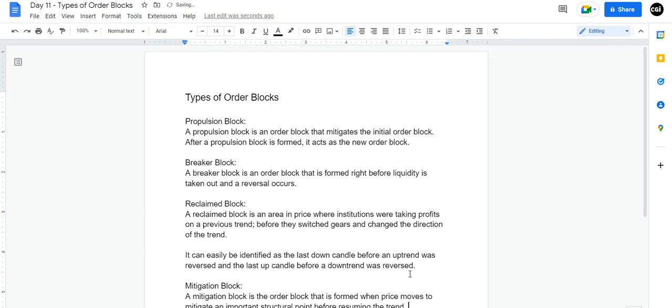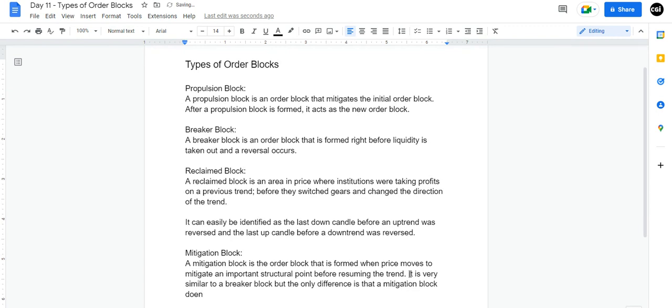It is very similar to a breaker block. But the only difference is that a mitigation block doesn't take out liquidity.